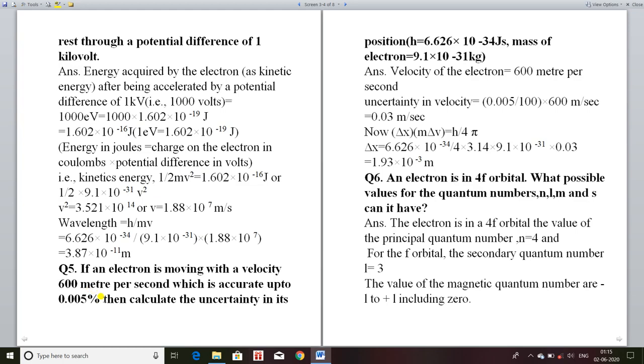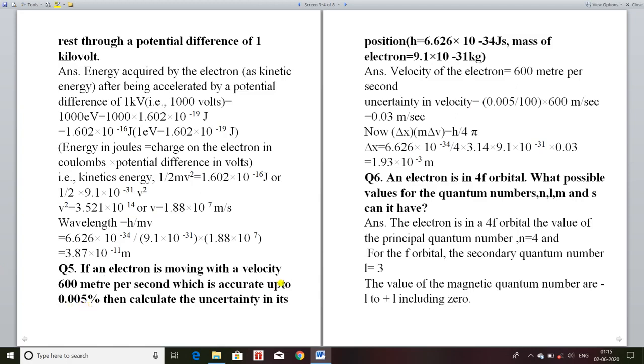Question number 5. If an electron is moving with a velocity 600 meter per second, which is accurate up to 0.005%, then calculate the uncertainty in its position. Value of Planck constant is given and mass of electron is 9.1 × 10^-31 kg. Velocity of the electron is equal to 600 meter per second and uncertainty in velocity is 0.005%.